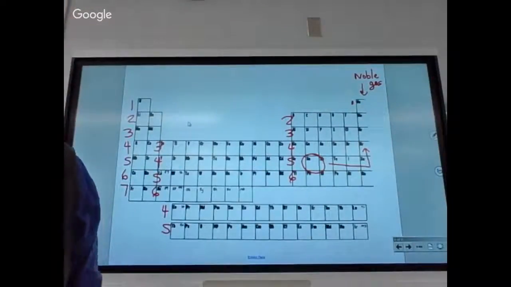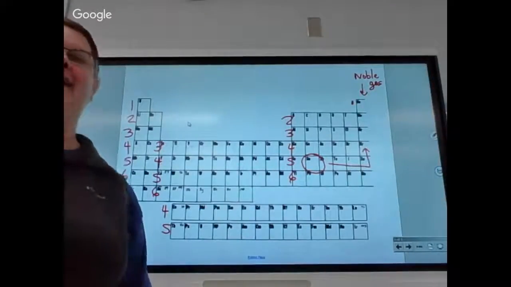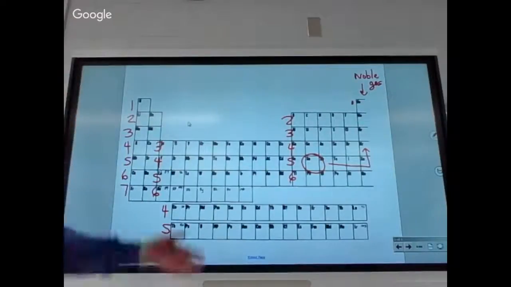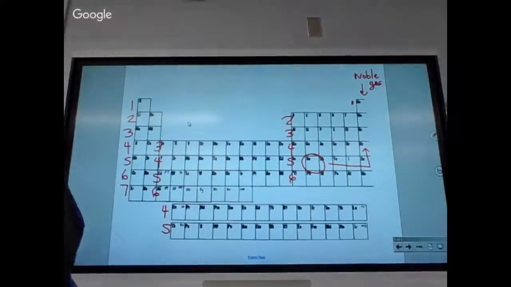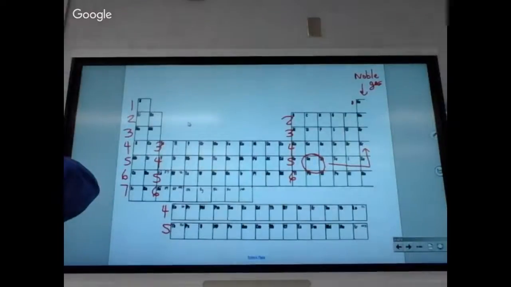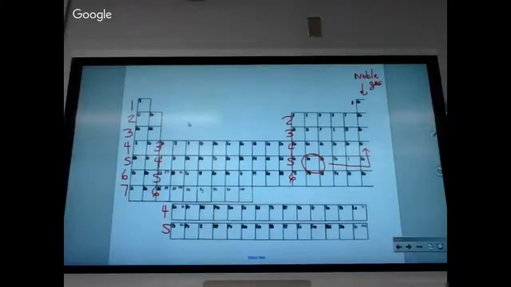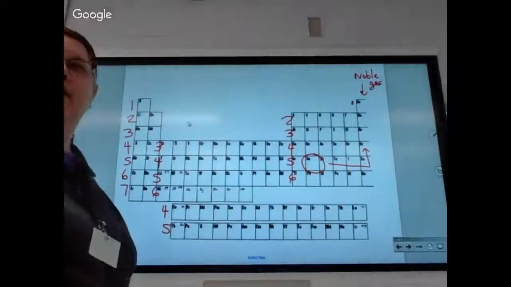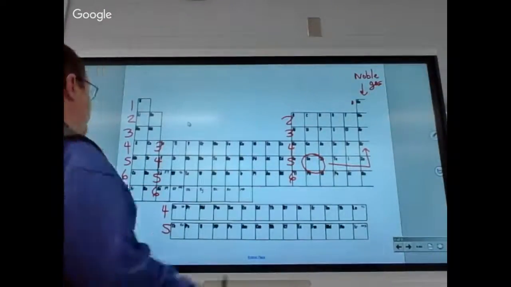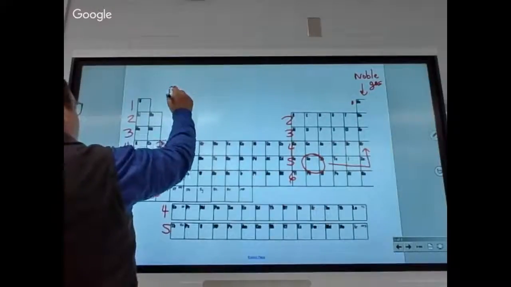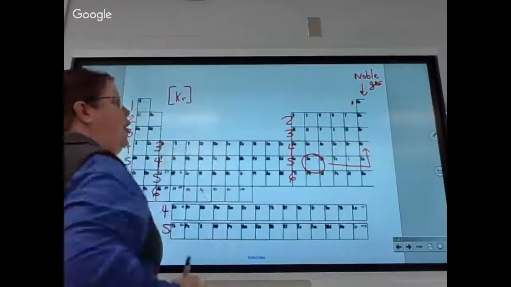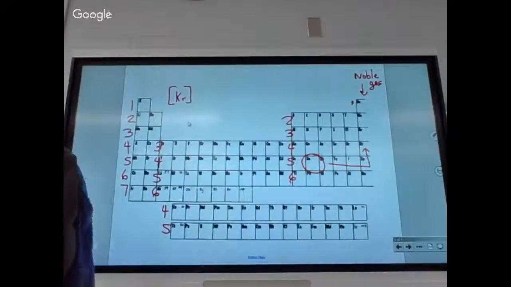Get it out. I know the letters are small. I don't expect y'all to be able to see these little letters. So, what letter is it? What is it, Devontae? And if you don't know, just say Kr. Don't make up stupid stuff.